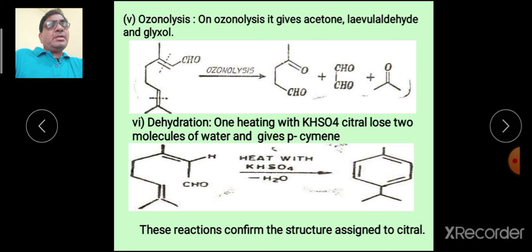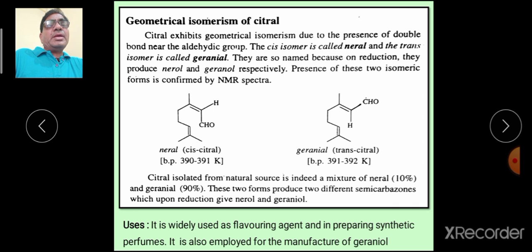Now, citral exhibits geometrical isomerism. Here, two forms of citral are observed. Cis-citral is known as neral, while trans-citral is known as geranial. These two isomeric forms are confirmed by NMR spectra.